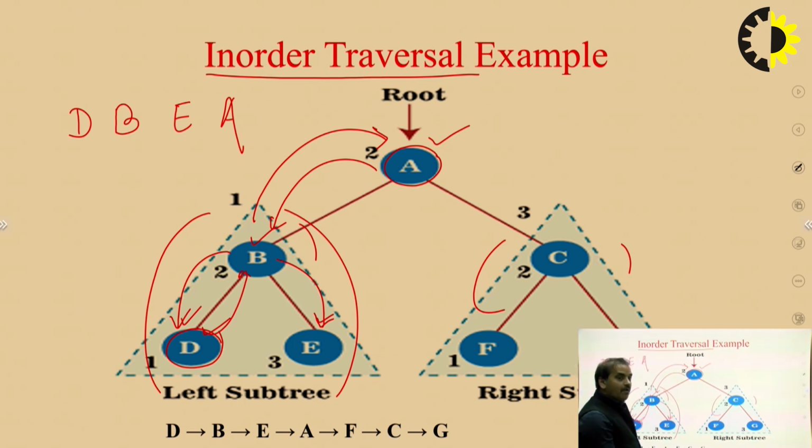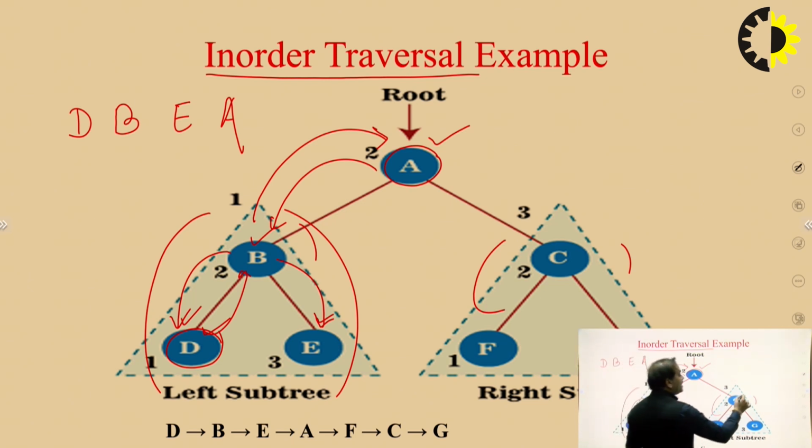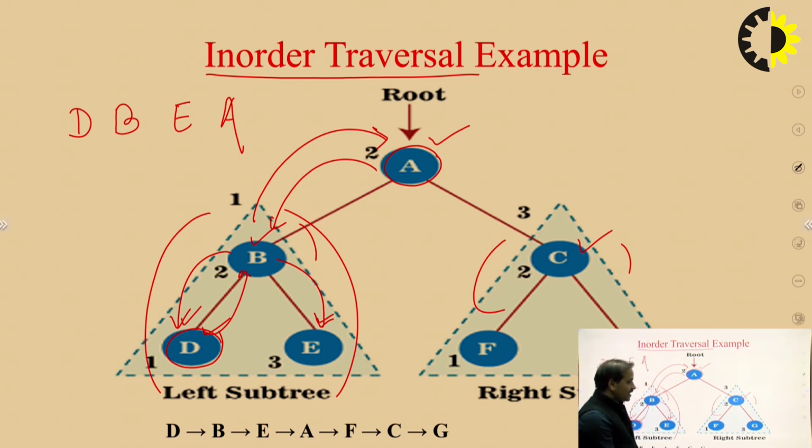Now we move to the right subtree of A, and the right subtree of A is C. And C has two children.